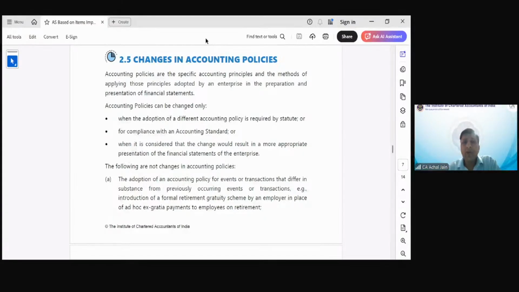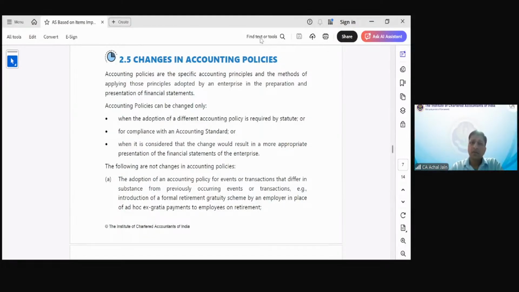So for the new contracts, which did not exist earlier, a different accounting requirement is there. Will the company require an accounting policy for the new contracts or not? What do you think? Tell me quickly.